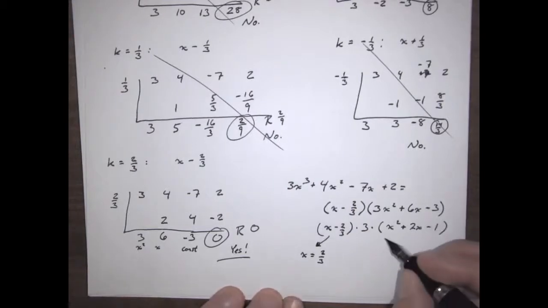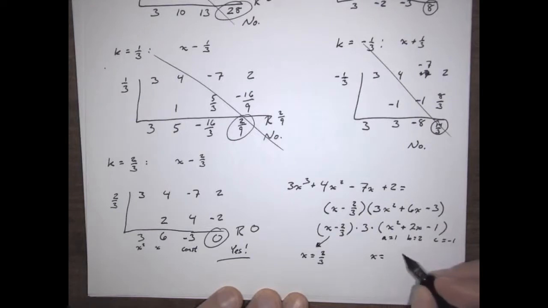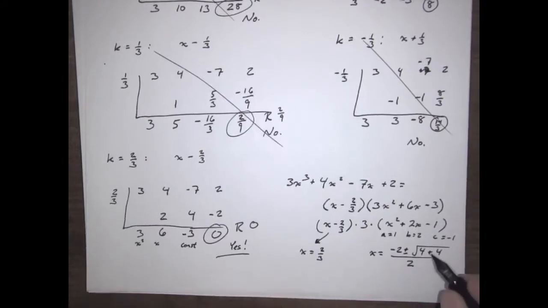So therefore, we're going to have to use the quadratic formula. So a equals 1, b equals 2, c equals -1, and we'll get x equals -2 plus minus the square root of 4 minus 4ac, so it's going to be plus 4, divided by 2a, which is going to be 2.